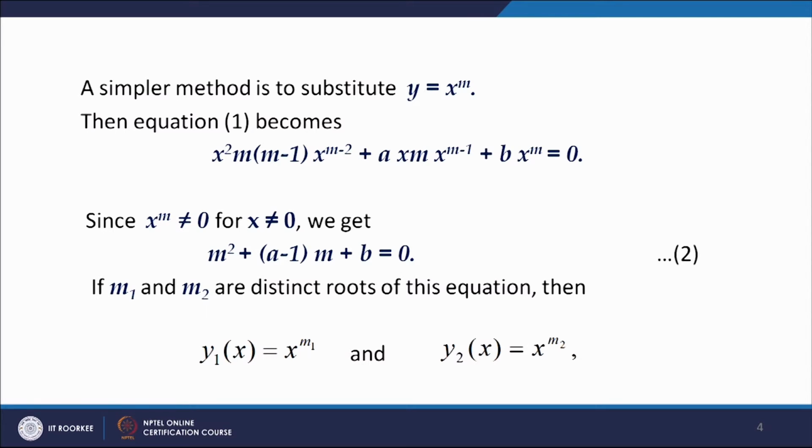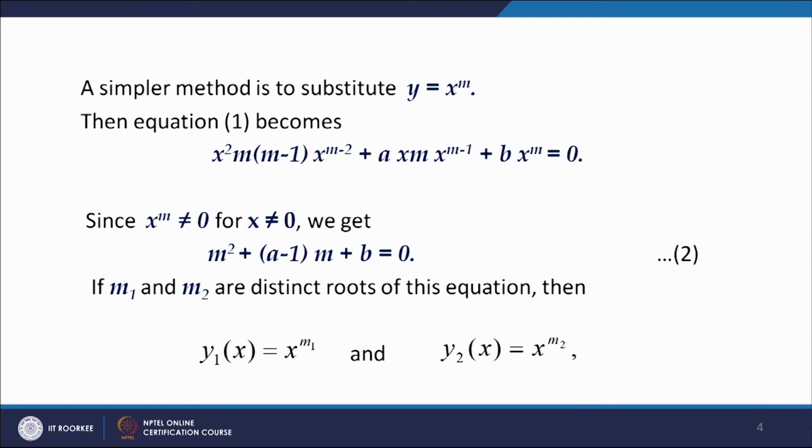Now, this is a quadratic equation in m, and if we find the roots of this, say m1 and m2, if they are distinct roots, then you get one solution of the given differential equation as y1 x equal to x to the power m1, and the other solution as y2 x equal to x to the power m2.